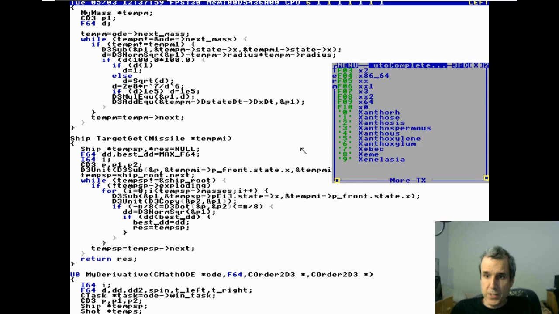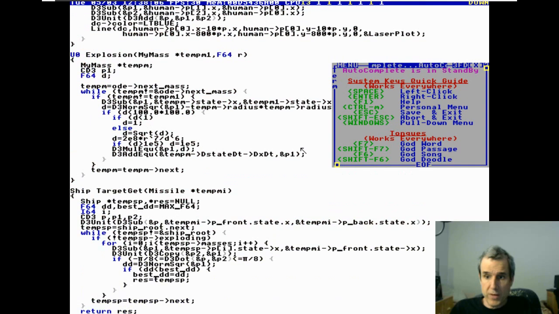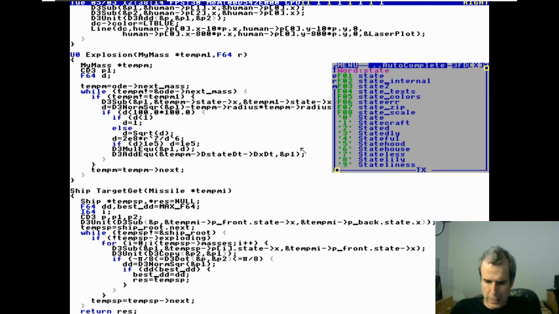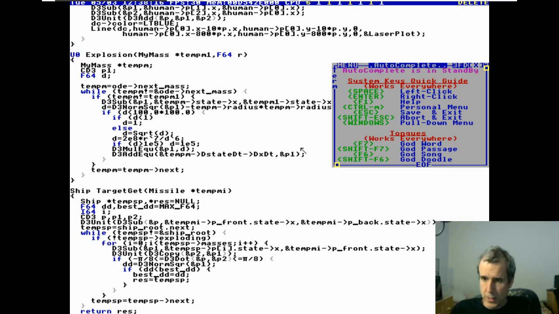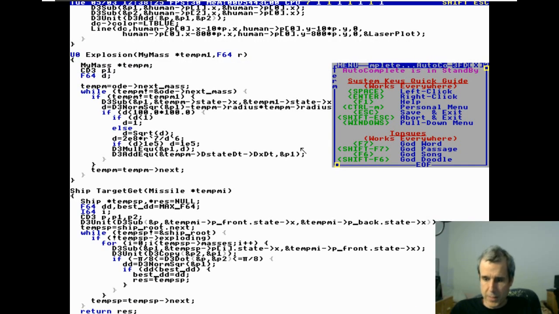In a normal simulation, time flows forward uniformly. When we're doing this derivative function, time does not flow forward uniformly. Okay, so we should set the explosion.